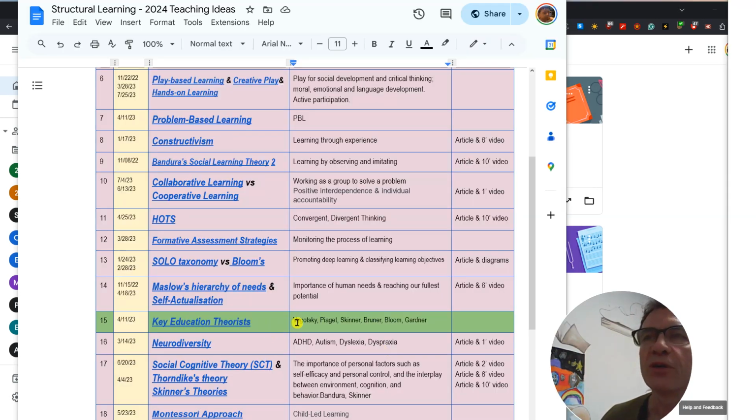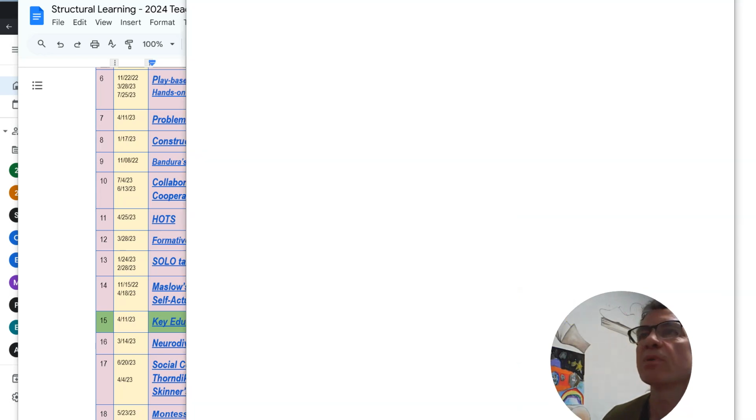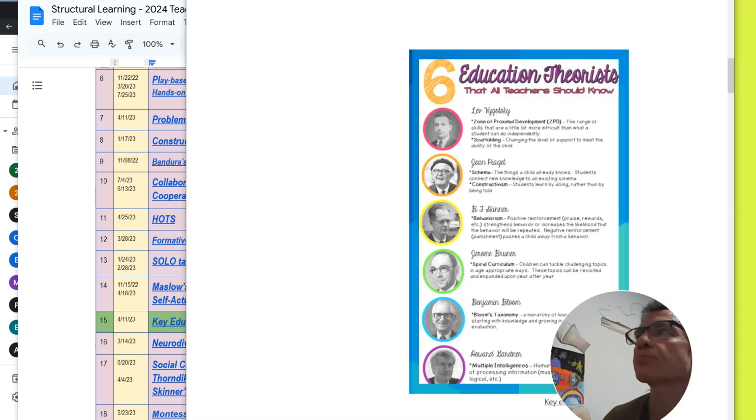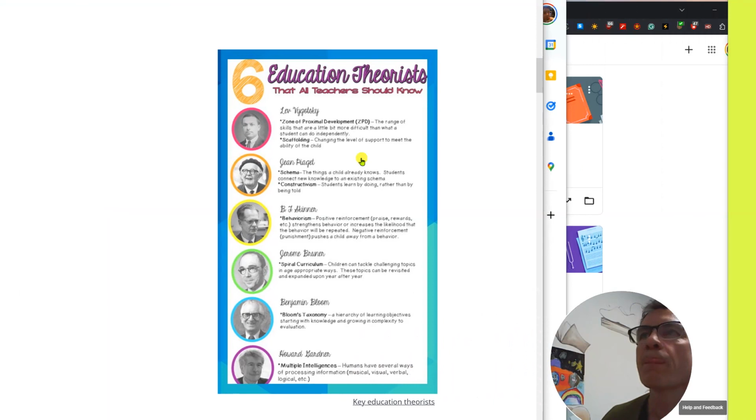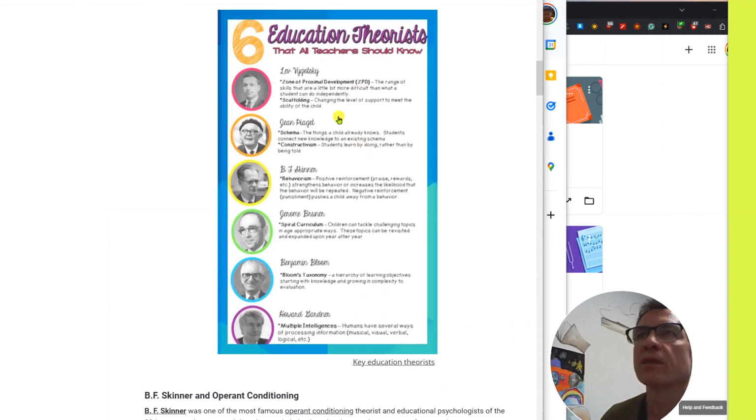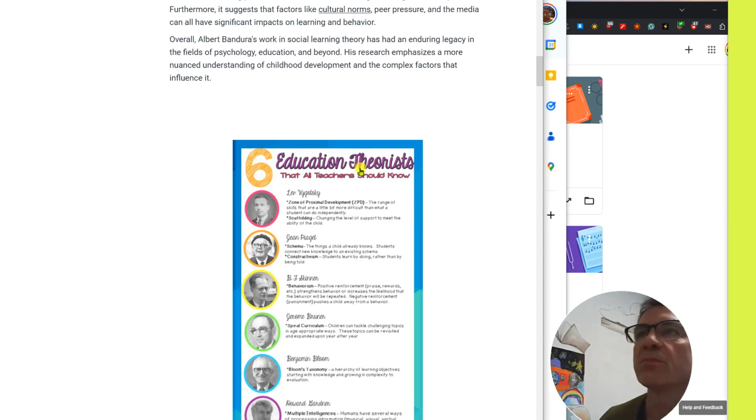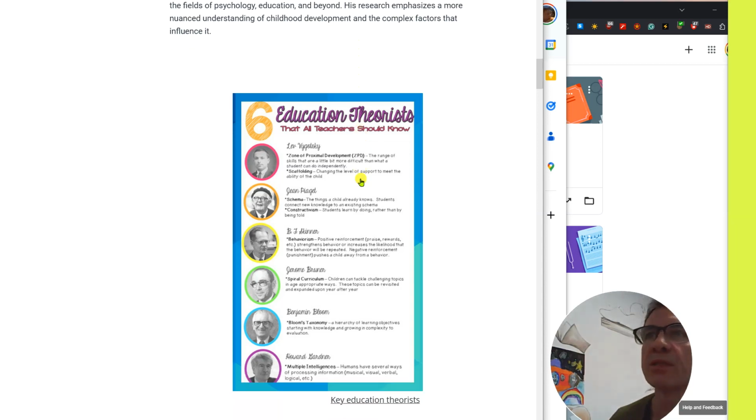Now, moving on to key education theorists. These are names that you'll come across in university. You've perhaps already come across them. And this is what that PDF looks like. In short, Vygotsky, there is an acronym called the ZPD, Zone of Proximal Development.